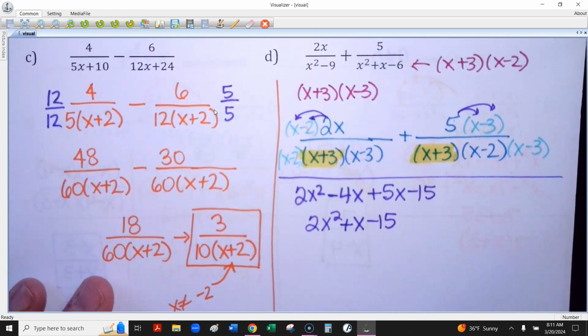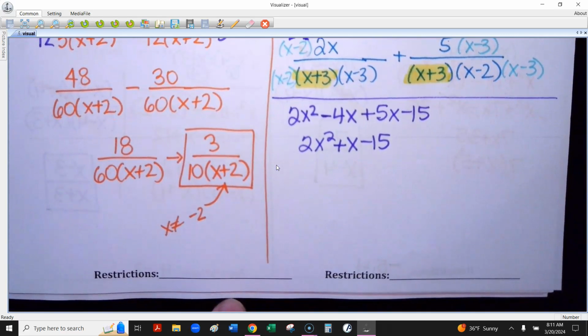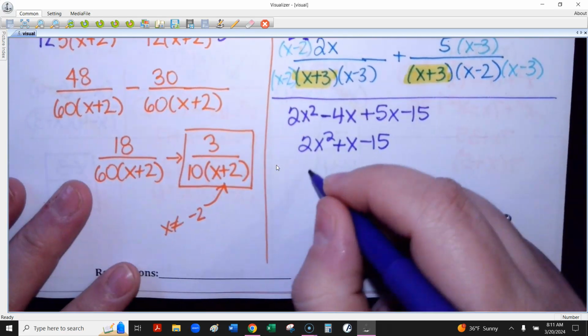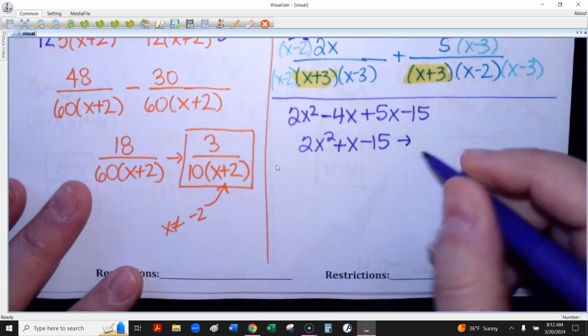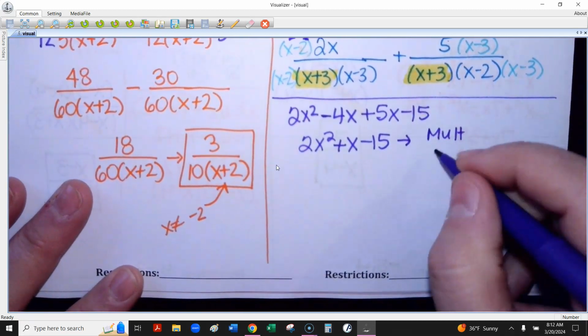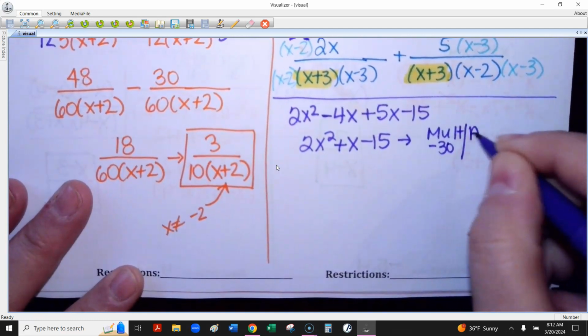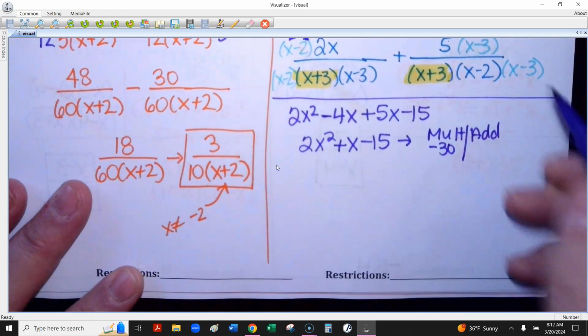So I'm going to see if I can factor this. All right, so if you like to factor by grouping, we're going to multiply first and last, 2 times -15, which is going to give me -30. And we're going to add to get the number in the middle, which is 1.